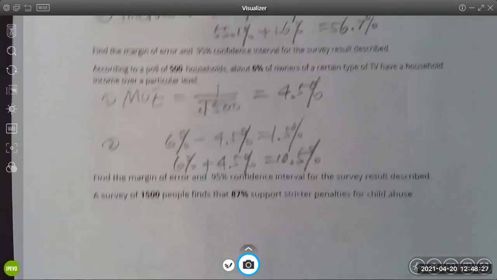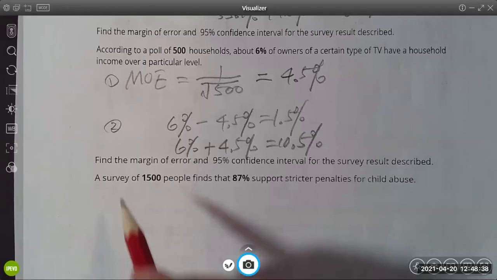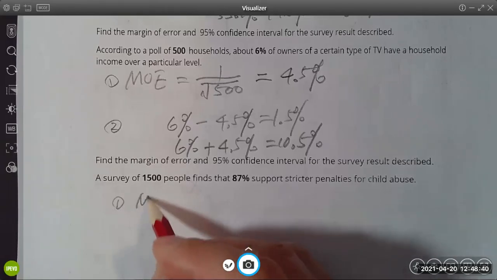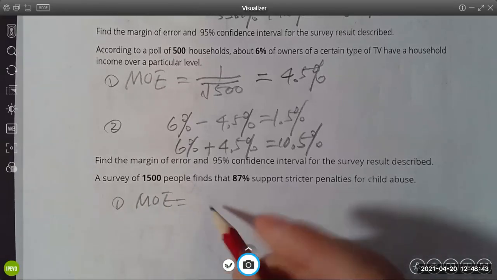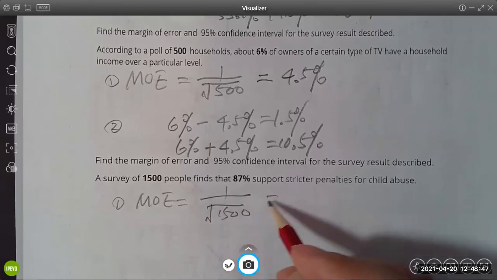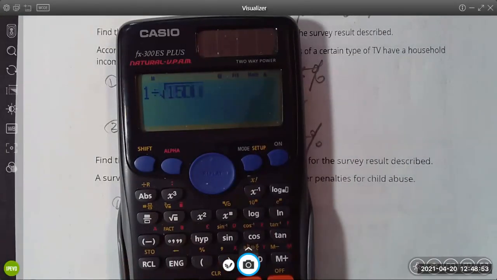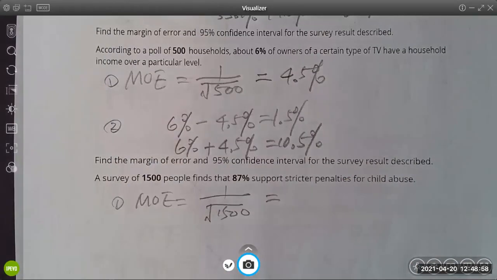Now the last one for this video: find the margin of error and 95% confidence interval for the survey result described below. Pretty much the same thing, we don't need to interpret it again. I got 1,500 people this time. 1 divided by the square root of 1,500 equals 2.6%.